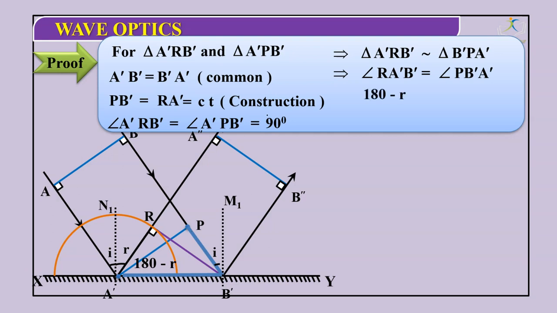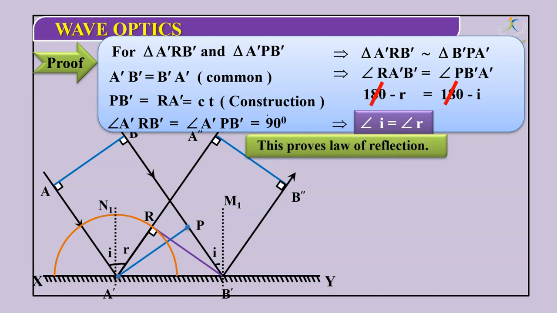So the value of angle RA'B' is 180 minus R, which is equal to 180 minus I. So from this we can say angle I is equal to angle R. This is a simple proof using the wavefront of the concept that angle I is equal to angle R. This proves the law of reflection. So here Huygens actually succeeded and proved the law of reflection by the wavefront form.